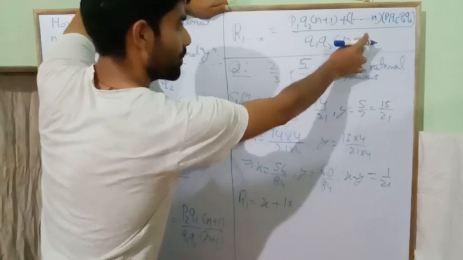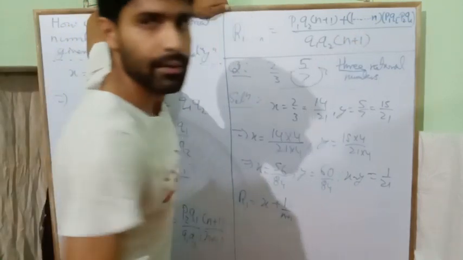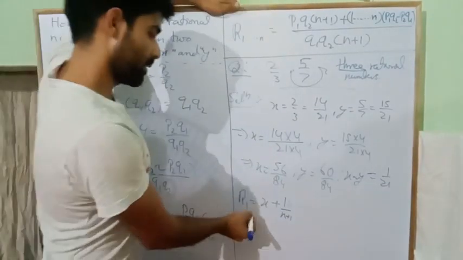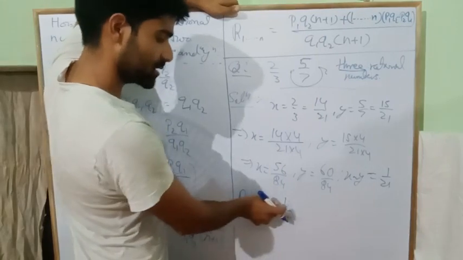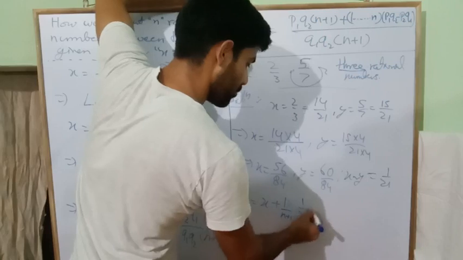So we write 1 upon n plus 1, and then R1 is equal to x plus 1 by n plus 1 times the difference, which is 1 upon 21.